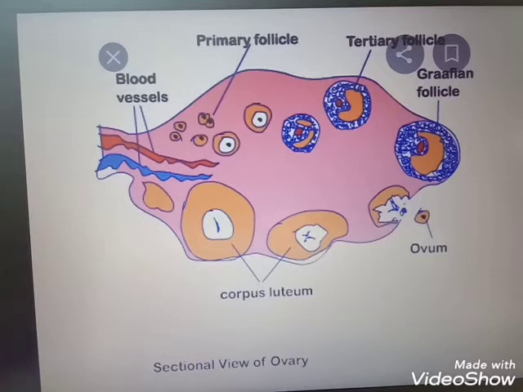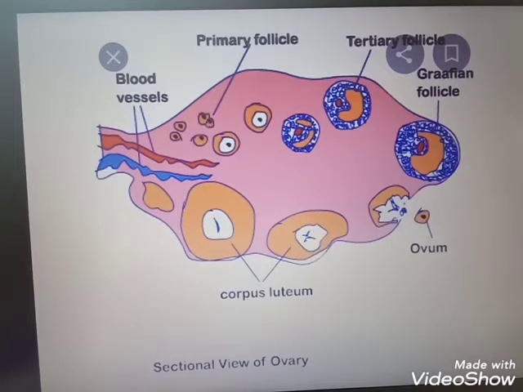The lining of the follicular cavity is the membrana granulosa, and a thick mass of cells attaching the primary oocyte to the follicular wall is called the cumulus oophorus or discus proligerus.